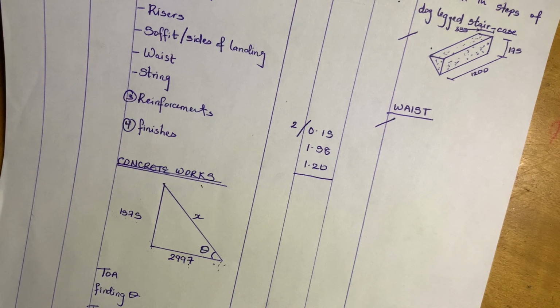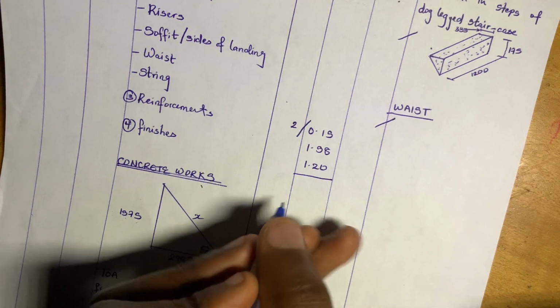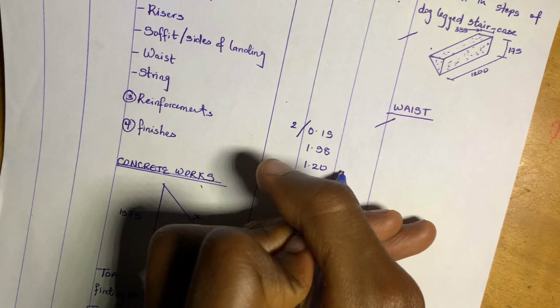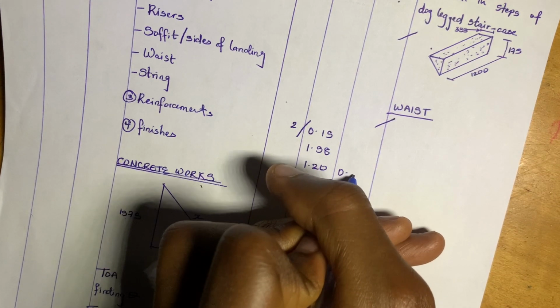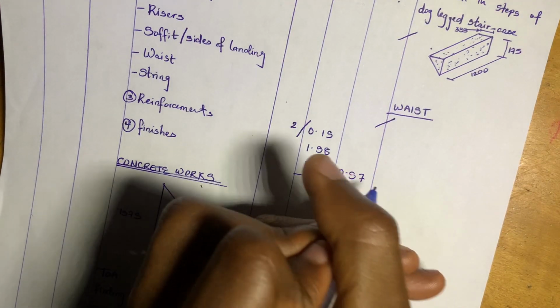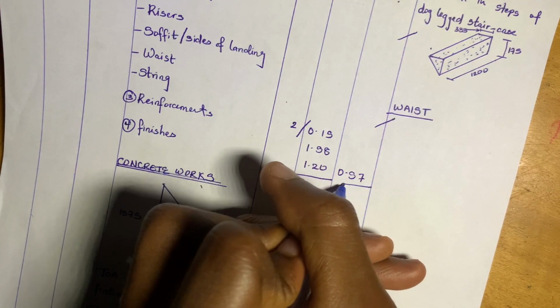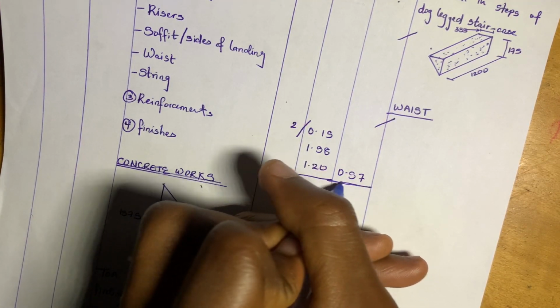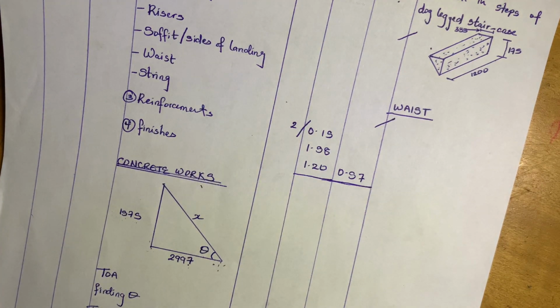So when I multiply that by 2, that will give me 0.568, approximately 0.57. So doing that is the volume of concrete for the waist in the 2 flights.